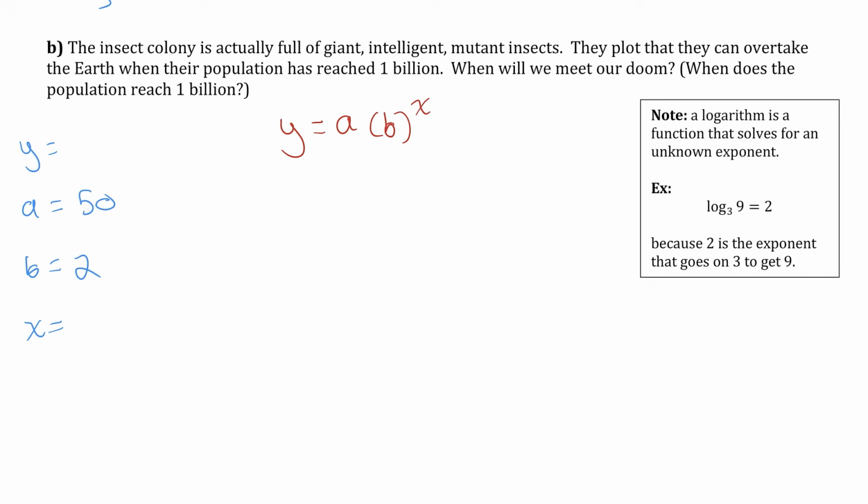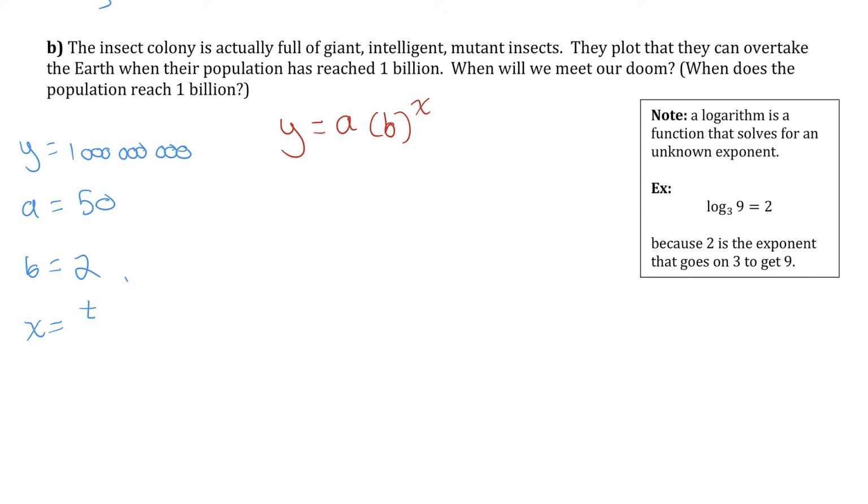We're interested in when the future value is going to be 1 billion. So my future value is 1 billion. 1,000 million, billion. And I'm trying to solve for how long it is going to take, the total amount of time it's going to take for us to get to 1 billion.